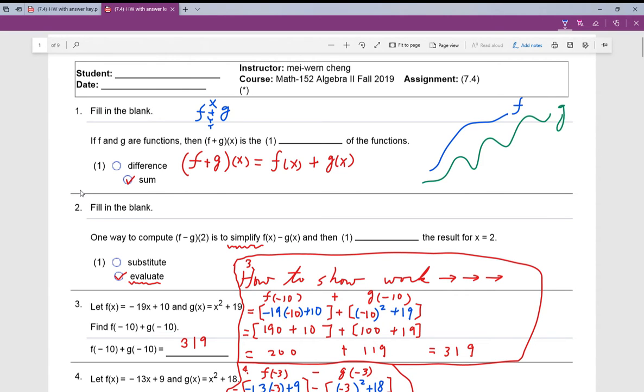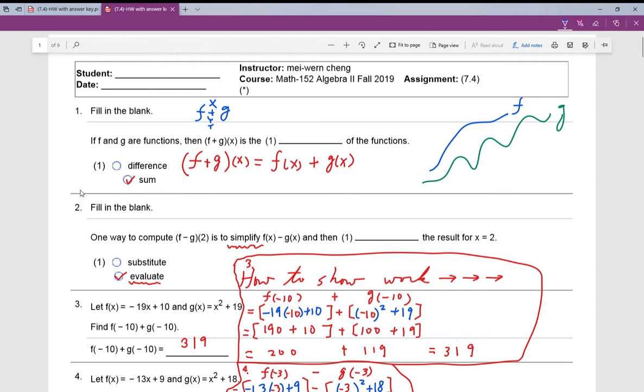Now, section 7.4. Section 7.4 basically is talking about once we learn a new notation, then next you need to learn how to do multiplication, addition, subtraction, division with the new notations. Now, if you had two functions, how do you multiply them, how do you add them?